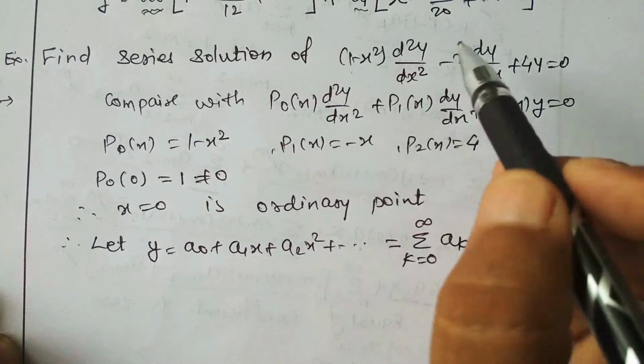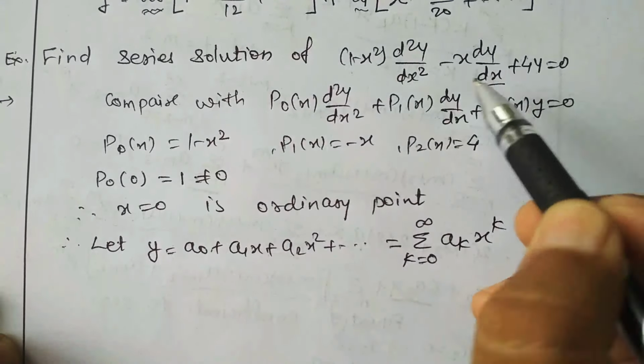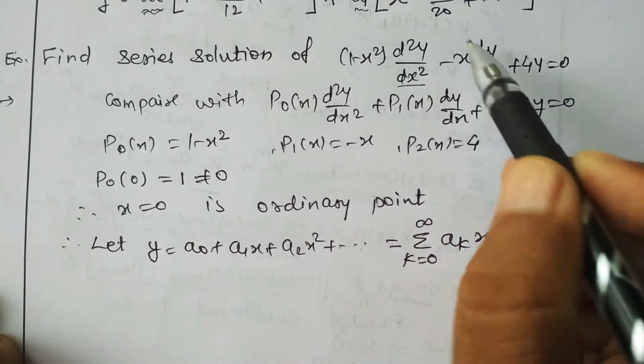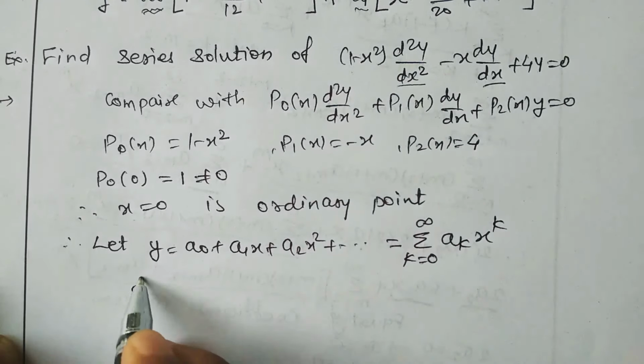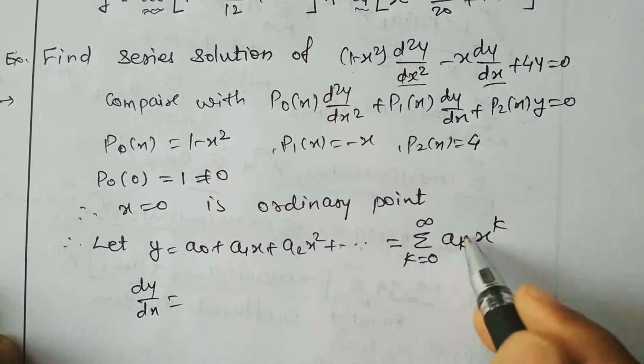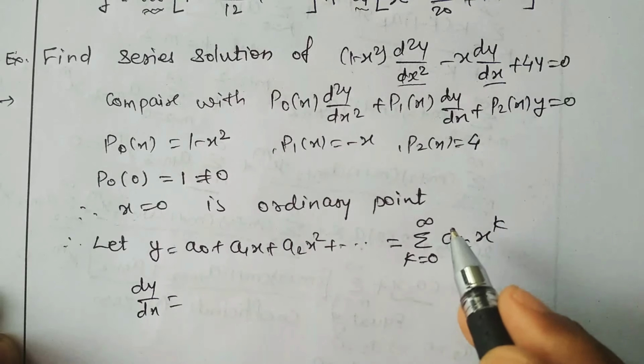Now we have to calculate dy by dx and d square y by dx square to put here. So the dy by dx is equals to differentiating this series y.